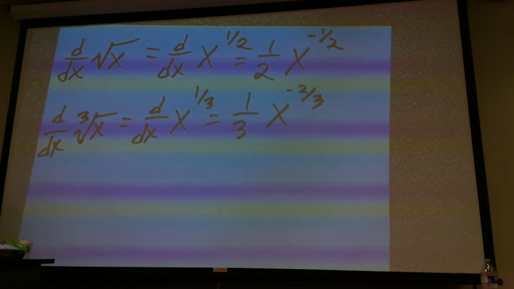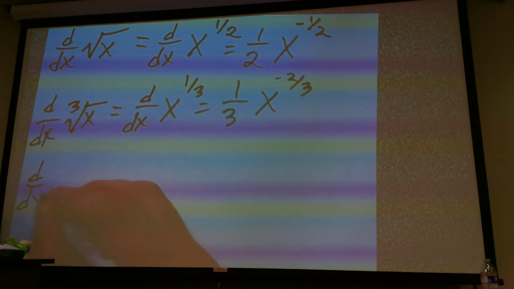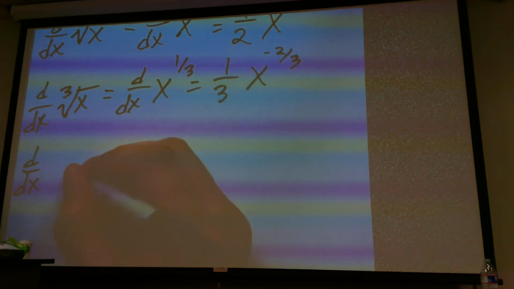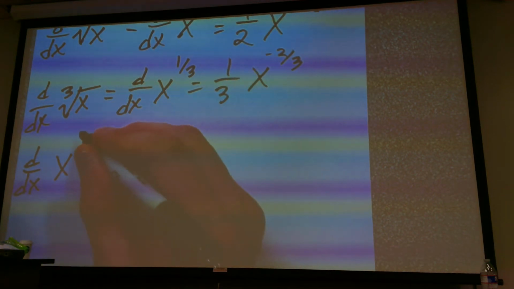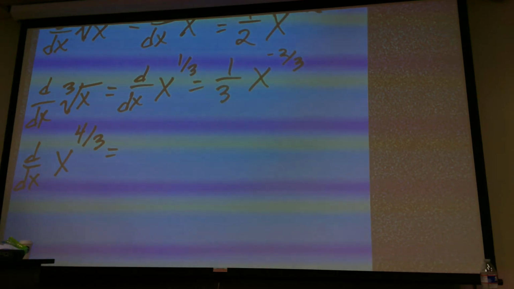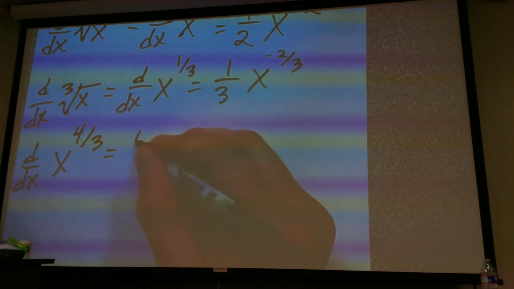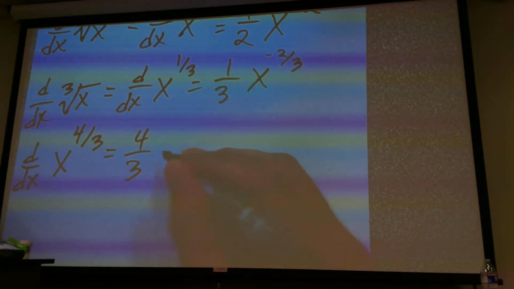We can do this with other fractions as well. So let's say we're going to take the derivative with respect to x of, let's say, x to the 4/3 power. Okay. So what is this going to do? This is going to spit a 4/3 out to the front. So that's going to be 4 divided by 3.